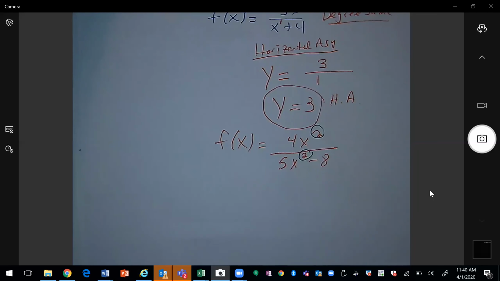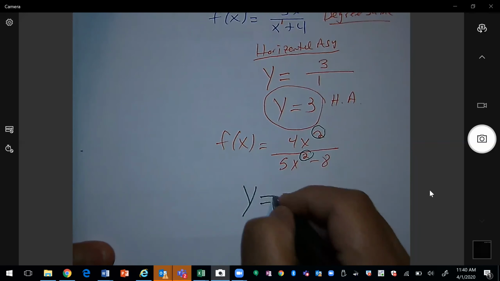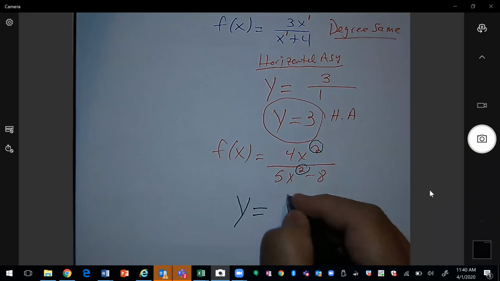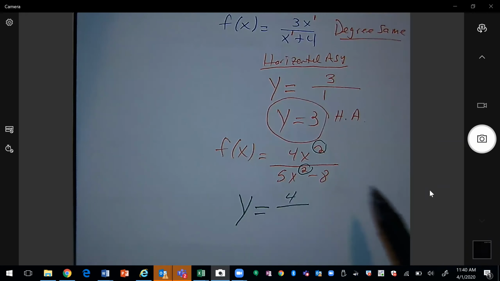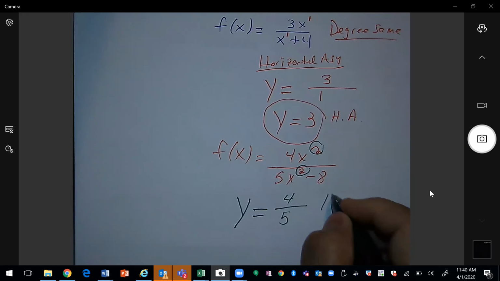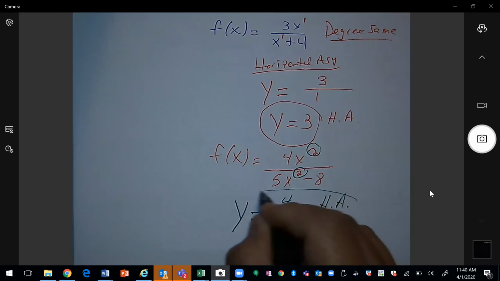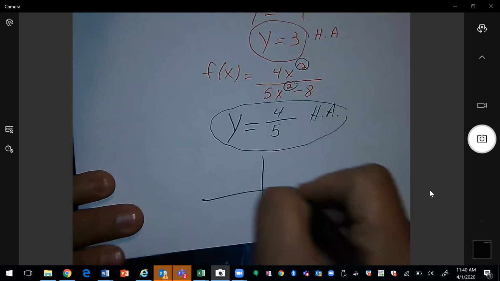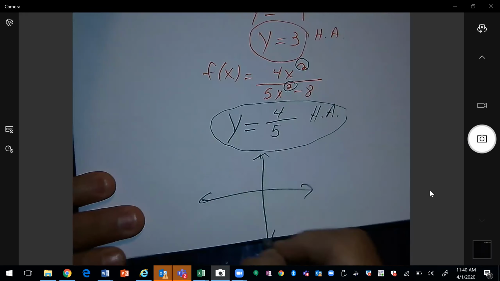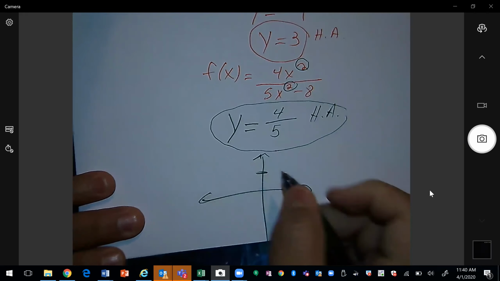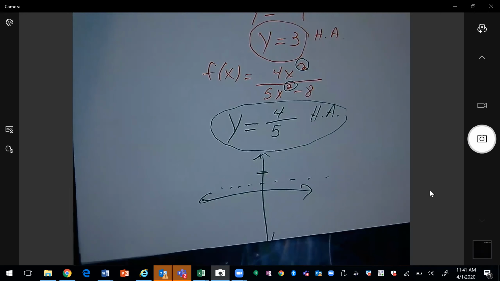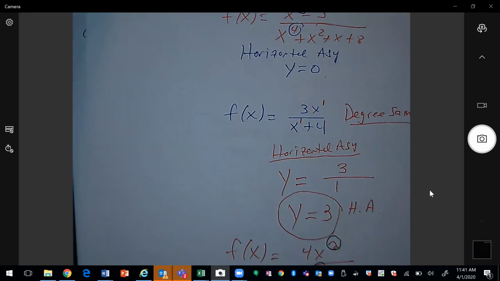So y is going to be equal to the leading coefficient of my numerator, which is 4, divided by the leading coefficient of my denominator, which is 5. So y equals 4 fifths is my horizontal asymptote. When you draw your graph, you would draw a dotted horizontal line at 4 fifths. Okay, so that is the second case.